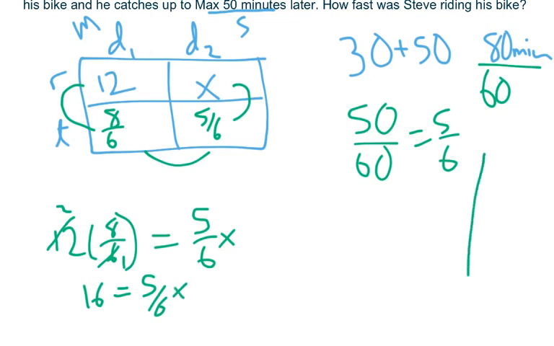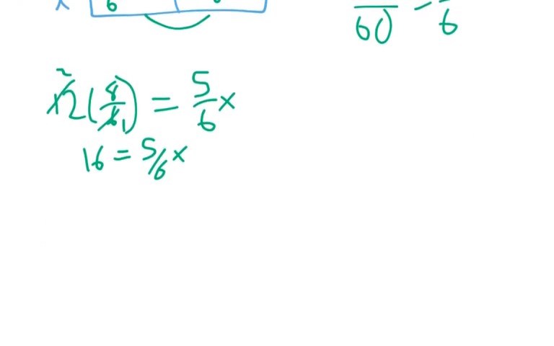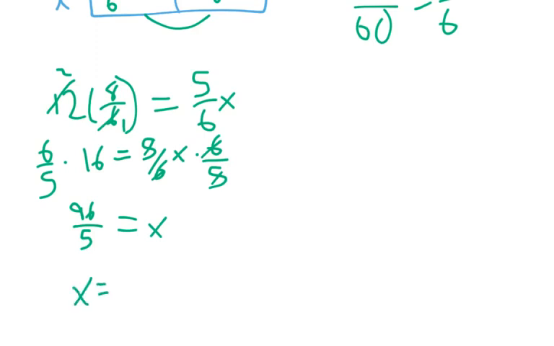In order to solve with the fraction, I multiply by the reciprocal, 6/5. So that all goes away, and I get x. And unfortunately, this doesn't simplify that well. I get 96/5. And then from there, I can use a calculator, or crunch some numbers to find out that x equals 19.2.